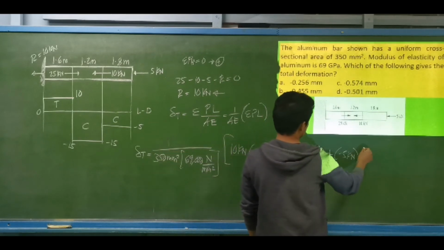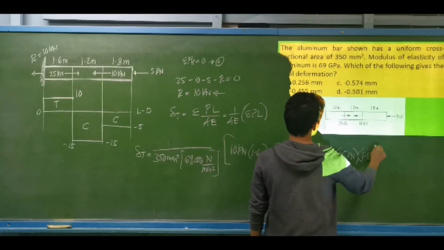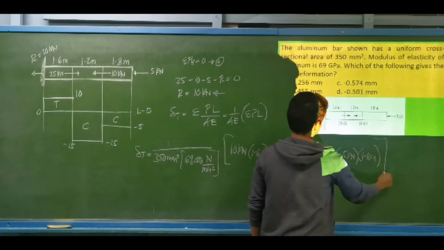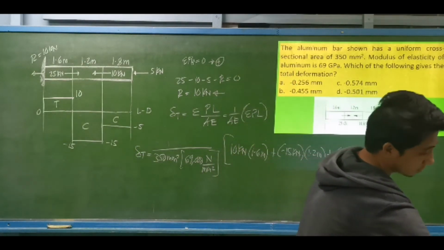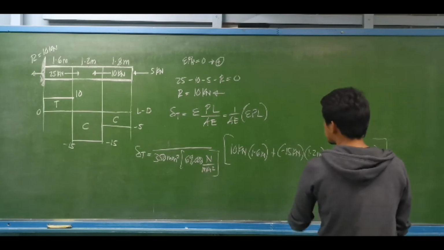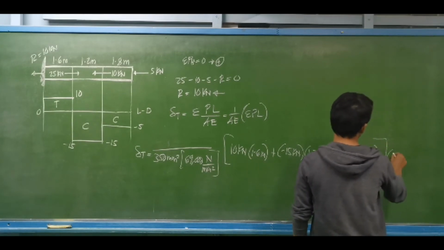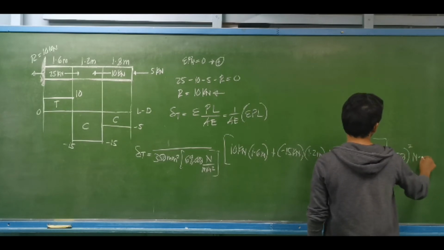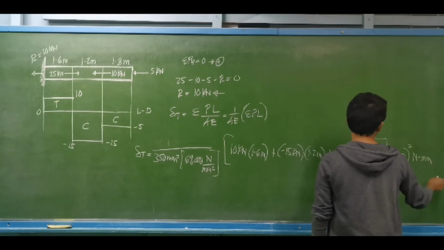So if you are to do unit analysis, it's kilonewton meter multiplied by 1000 squared to be in newton mm.